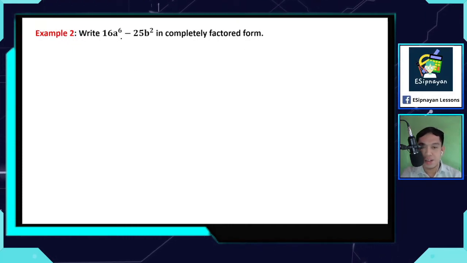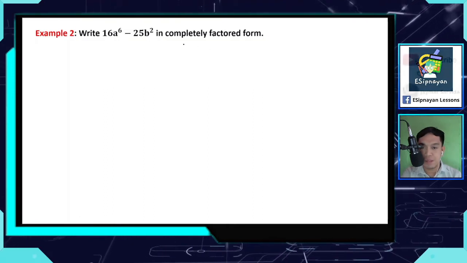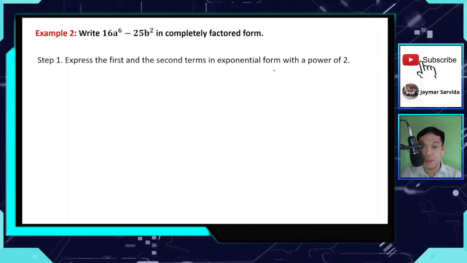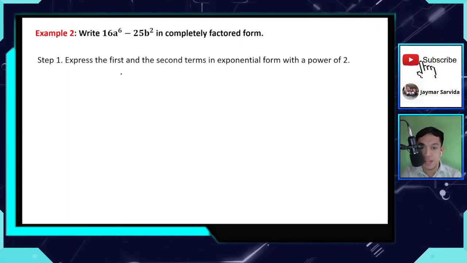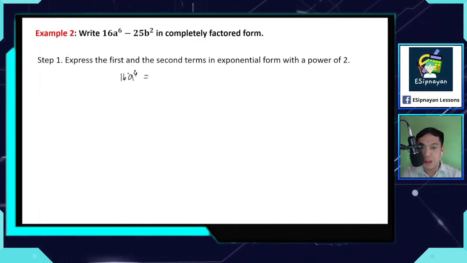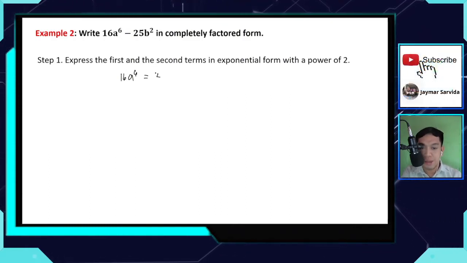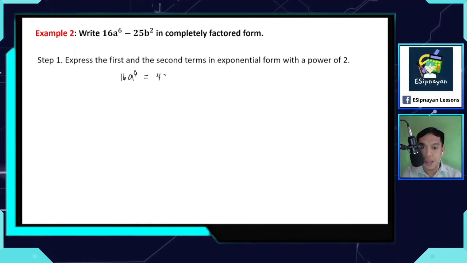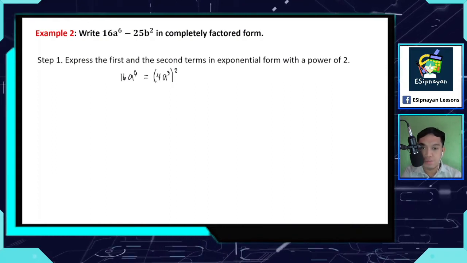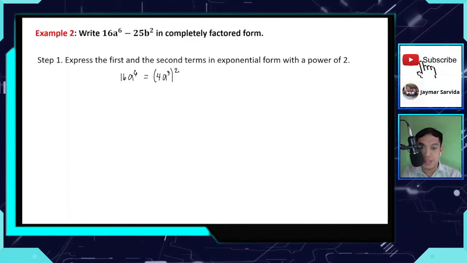Let's proceed to example number 2. Write 16a raised to 6 minus 25b squared in completely factored form. Step 1, express the first and the second terms in exponential form with a power of 2. So yung 16a raised to 6 is equal to 4a cube raised to 2.